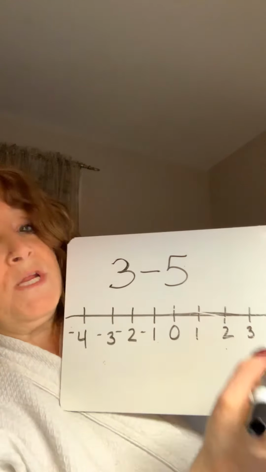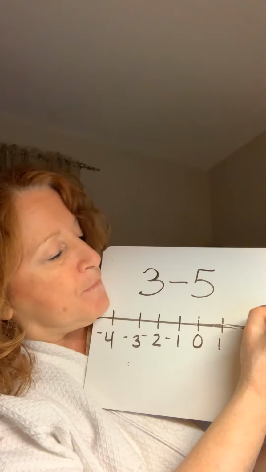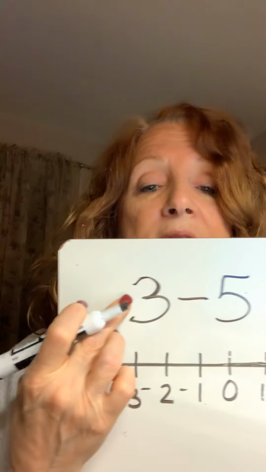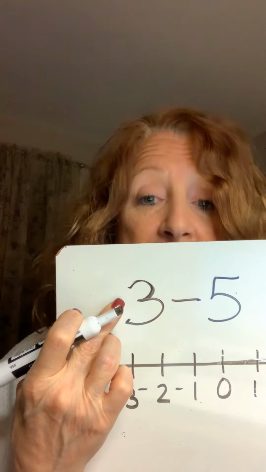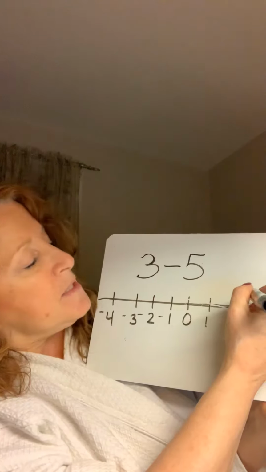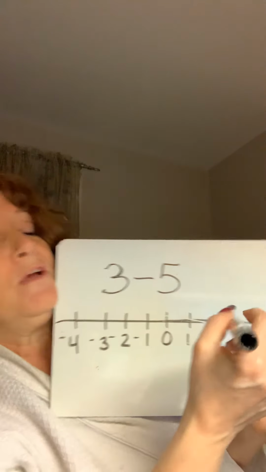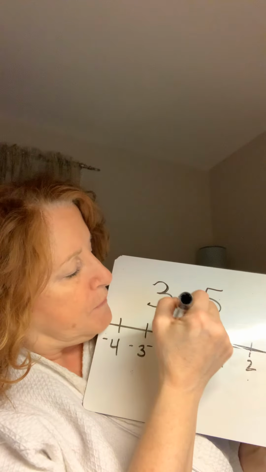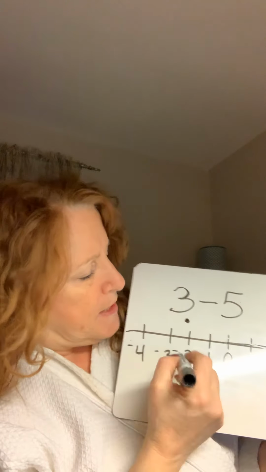So on a number line, we start at the first number. It's +3. Remember, the 3 has no sign in front of it. That means it's positive. If it has a positive sign, that's also positive. So we start at +3 and then we go to -5. 1, 2, 3, 4, 5. Why did I go that way?